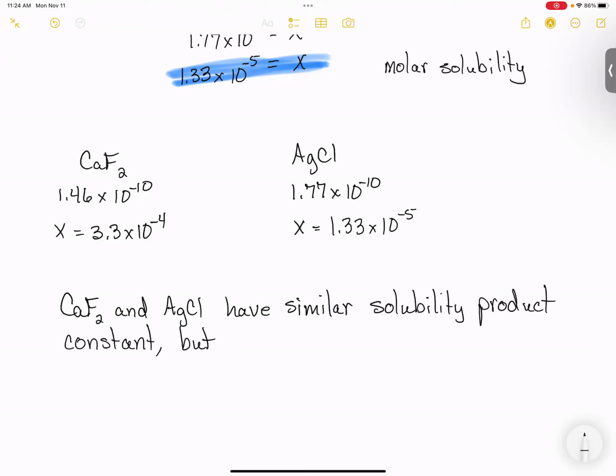But calcium fluoride is more soluble, according to the molar solubility.